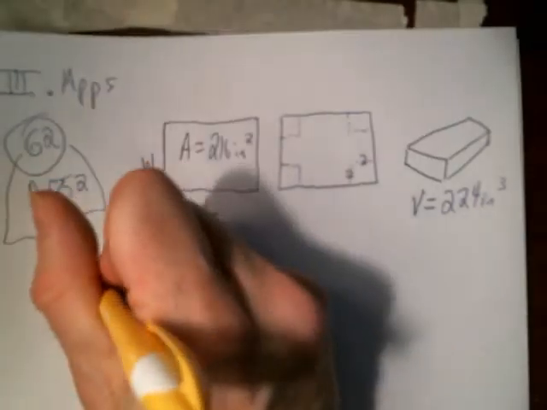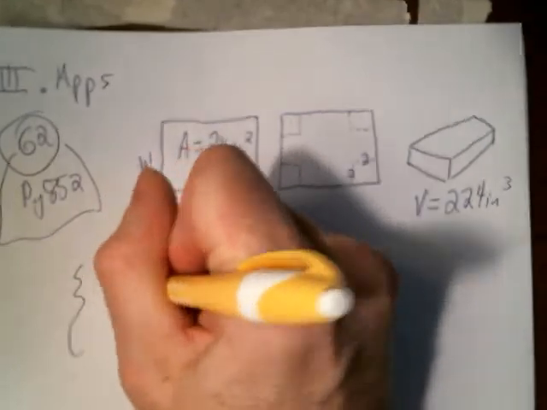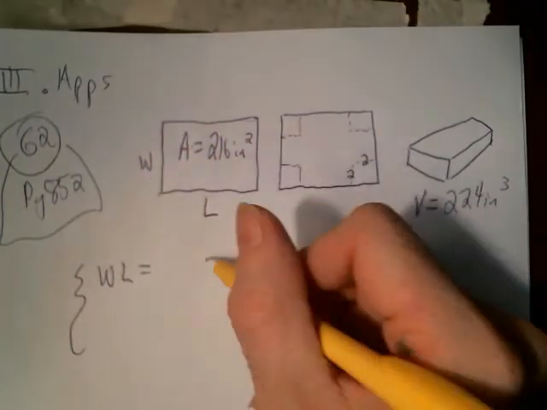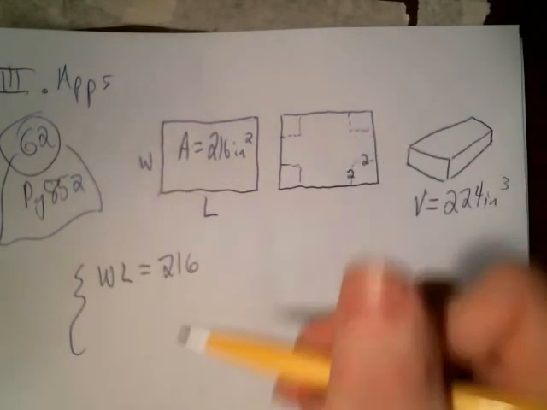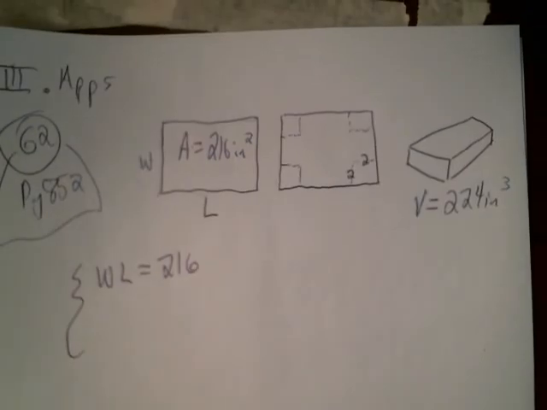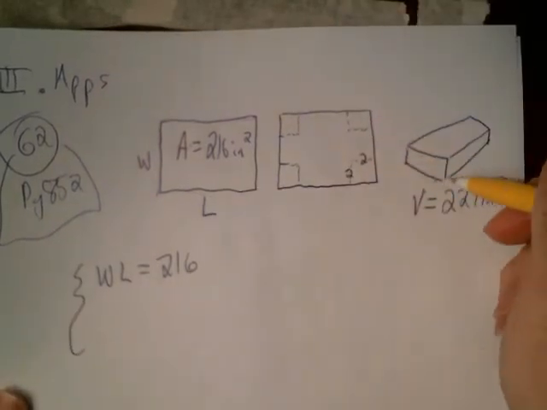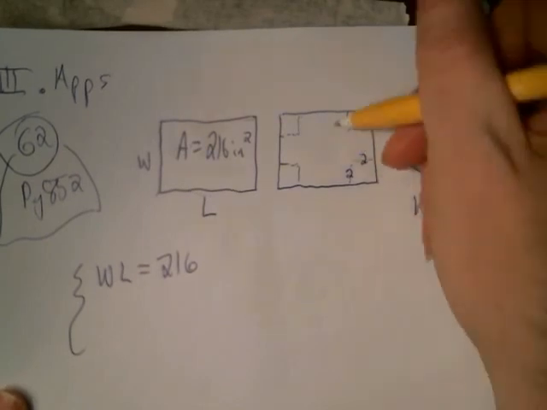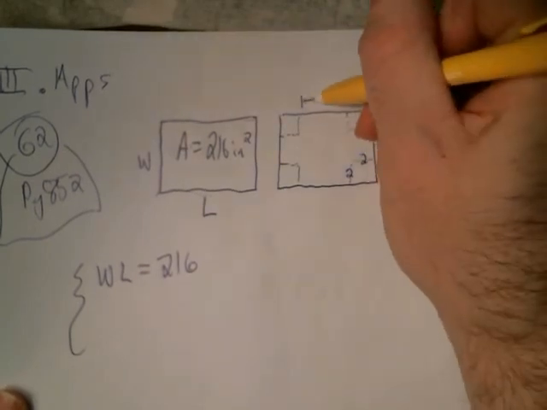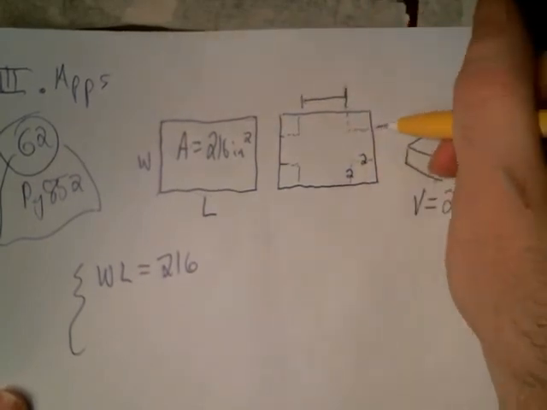So the first equation is that W times L, the area of this box, is 216. Okay. Then we want a formula for the volume. So the sides right here and right here are based off of these sides right here and right here.